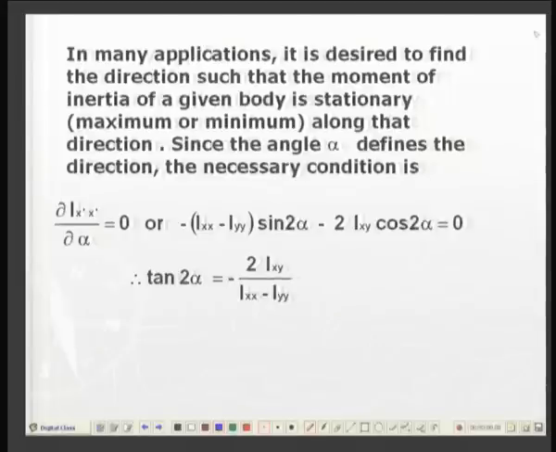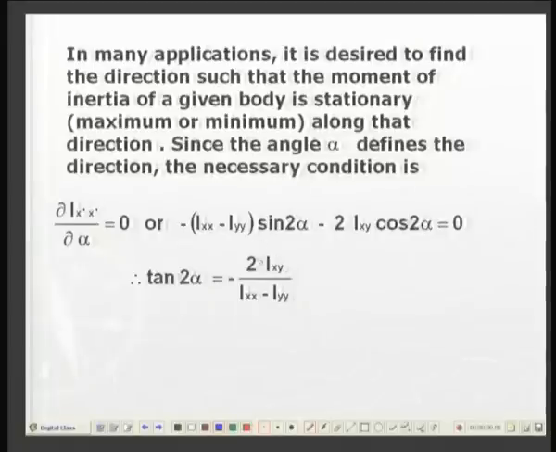Set it equal to 0 and then simplify. When I take terms to the opposite side and divide, we get tangent 2 alpha equal to minus 2 times the product of inertia I x y divided by I x x minus I y y. This is for the 2-dimensional case, a plate-like body.